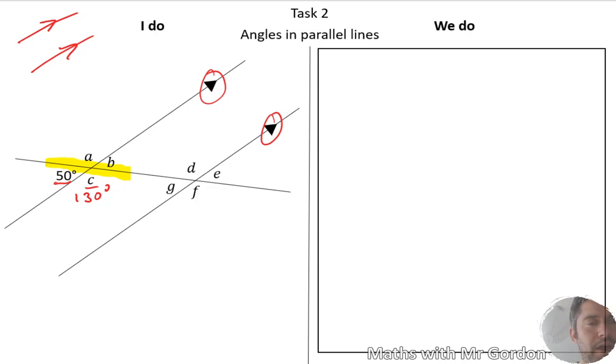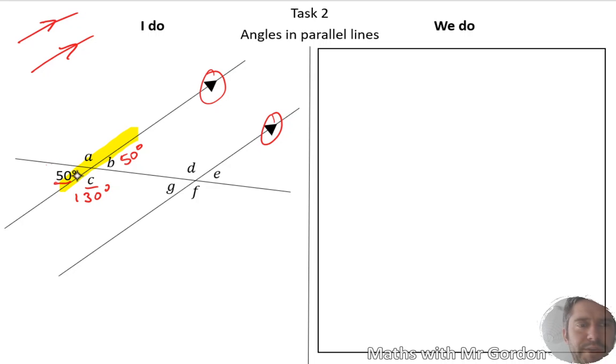Oh, hang on. I've seen another line, which is also a straight line, and that is going in the other direction. So here we have another straight line, and we know that the two angles on the right-hand side of that line, which are C and B, are also going to add up to 180 degrees, because of the same rule. So we know that B will equal 50 degrees because 50 plus 130 equals 180.